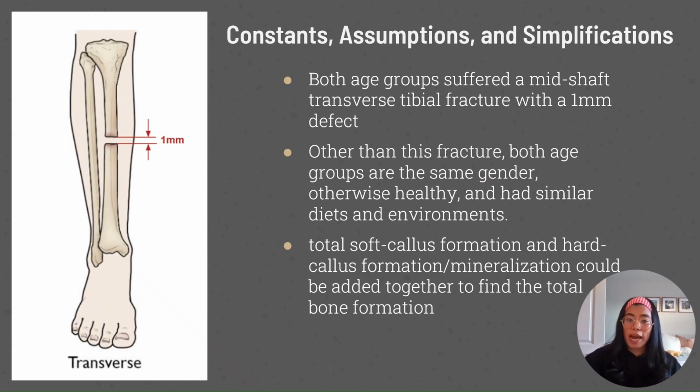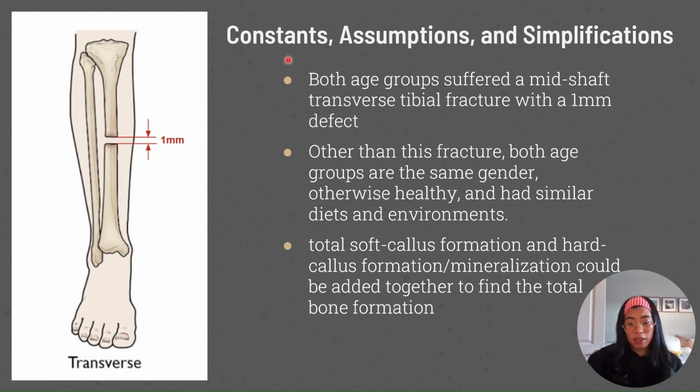For this project, we had to define some constants, assumptions, and simplifications. First, we decided that both age groups suffered a mid-shaft transverse tibial fracture with a 1 mm defect. This can be seen in this left image here. Other than this fracture, both age groups were the same gender, otherwise healthy, and had similar diets and environments.